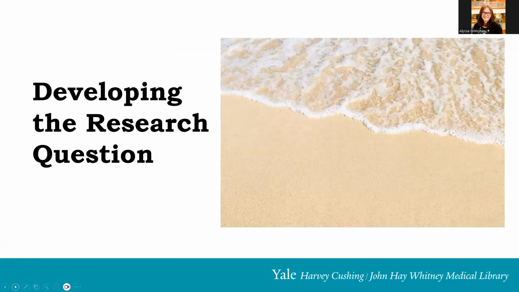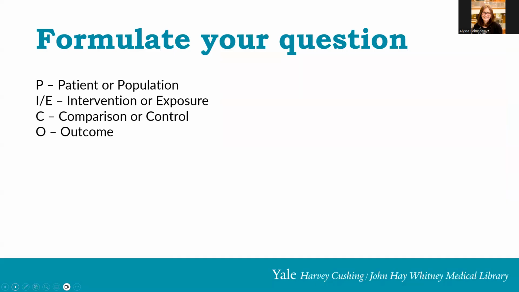Okay, so let's take a step in a different direction and think about developing the research question. So when you're formulating your research question, you may want to think of PICO. So your patient or population, your intervention or exposure, your comparison or control, and your outcome.